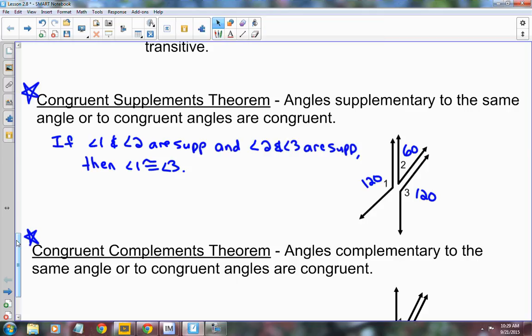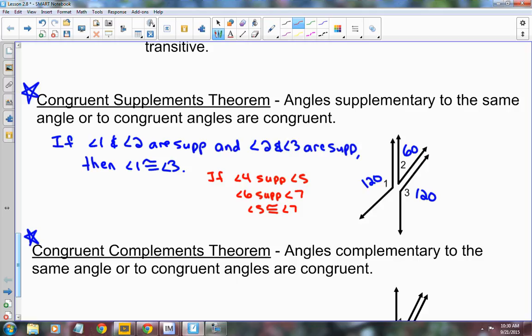Now, it also works if you have a pair of angles that are supplementary to another pair of congruent angles. I'll use different numbers so we don't get confused with this one. Let's say angle 4 is supplementary to angle 5, angle 6 is supplementary to angle 7, and angle 5 is congruent to angle 7.